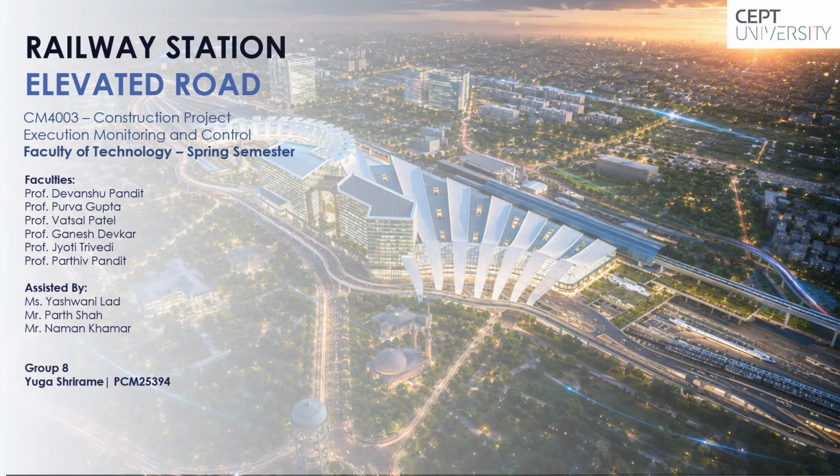This execution part was further followed by the monitoring and control aspects, which included progress tracking, quality assurance, and also plan versus actual execution to evaluate the overall project performance and efficiency. So, this portfolio focuses on the topic of the railway station elevated road.